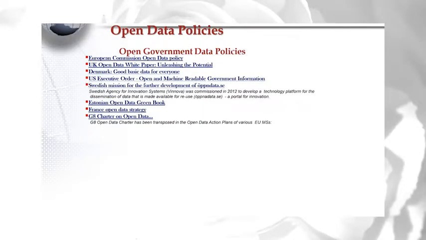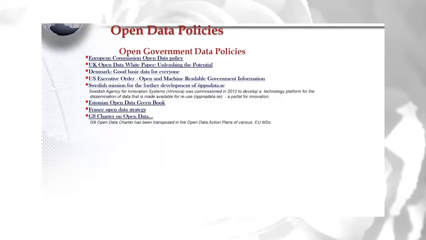For instance, a number of governments have come out with open data policies because they recognized and appreciated the availability of data in the public domain for facilitating the creation of new knowledge and bringing innovation to the existing literature that is known. So, they have come out with open government data policies, and you could just see some of the countries that are listed here. There are many more in the world.